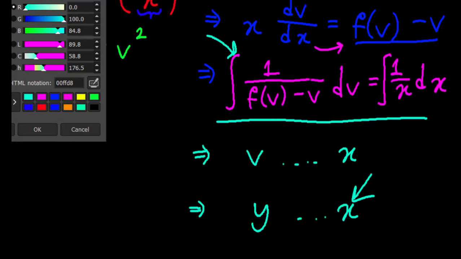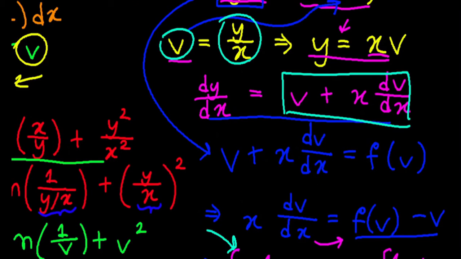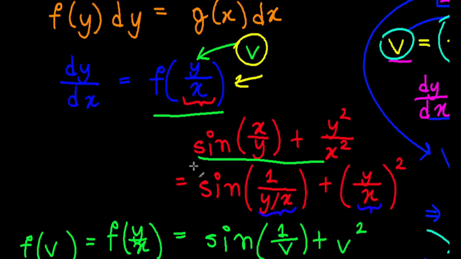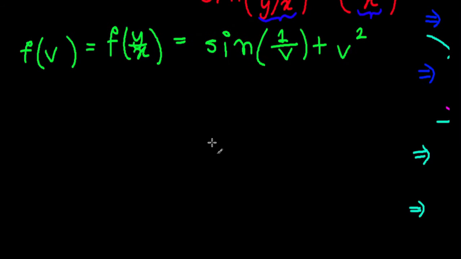So with that explained, the last thing I want to talk about is how we detect, in any general case, when dy by dx is a function of y by x. To be honest, usually it's pretty obvious.